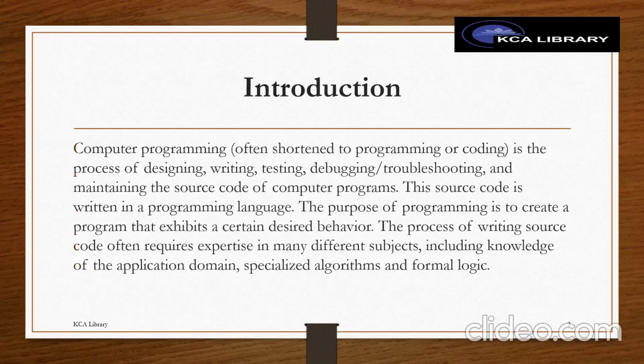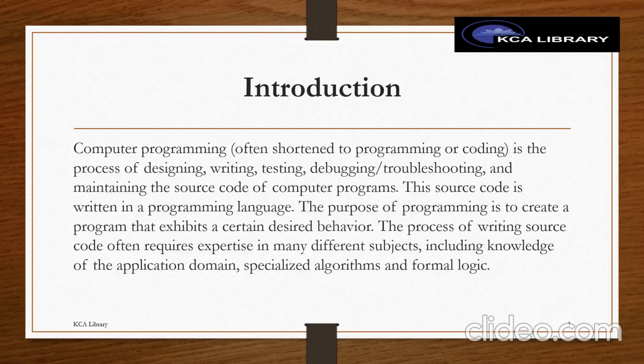So what is programming? Computer programming, most people call it coding, is the process of designing, writing, testing, debugging, troubleshooting, and maintaining the source code of computer programs. This so-called source code is written in a programming language.